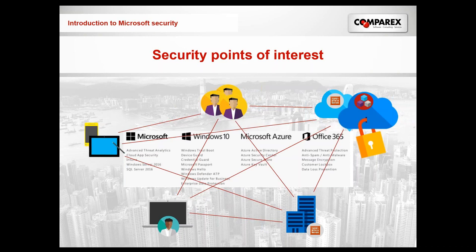And on this slide, you'll be able to see a list of the security products that Microsoft has right now. As you can see, Microsoft has a large number of products helping you protect users, the different devices, the servers, and the data and the cloud services.